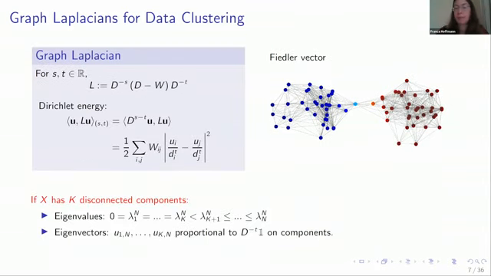And the same argument goes through if you now look at different normalizations and then define an inner product in such a way that you still keep the symmetry and that you get a quadratic form. And then again, if you have k disconnected components, then the first k eigenvalues are 0, the k plus first eigenvalue is positive, and the first k eigenvectors span the identities of the different clusters.